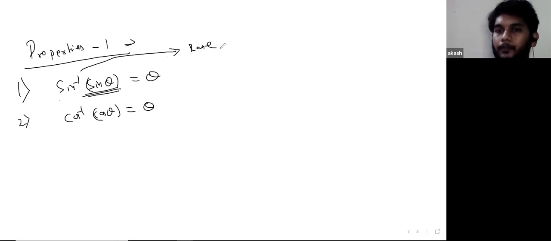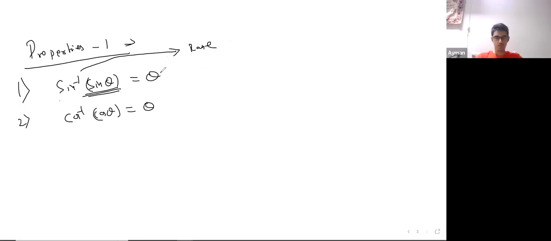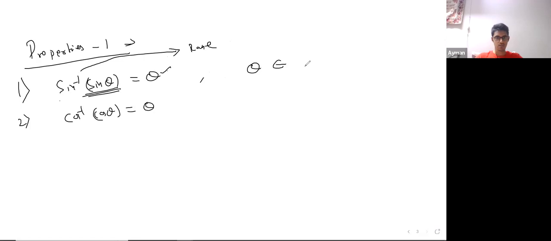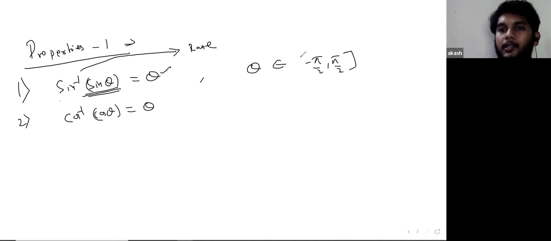And if theta is the output, then theta must belong to its range, which for sine is minus pi by 2 to pi by 2. So this is the condition you have to check. If you apply this property, you must check whether theta lies between minus pi by 2 to pi by 2.